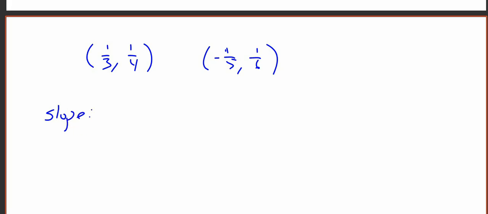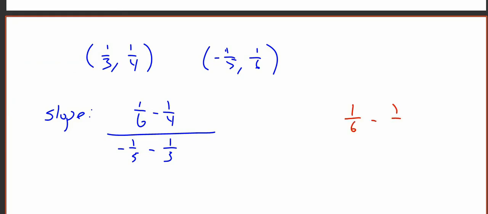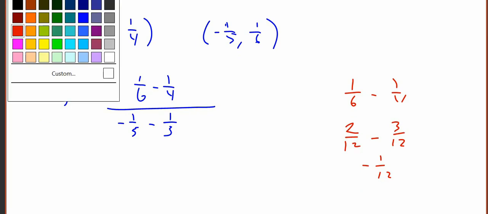So slope, we'll do 1/6 minus 1/4 over 1/5 minus 1/3. I'm going to do my scratch work off to the side. So 1/6 minus 1/4, common denominator would be 12. So that's 2/12 minus 3/12, that's a negative 1/12. So that's my numerator for my slope.